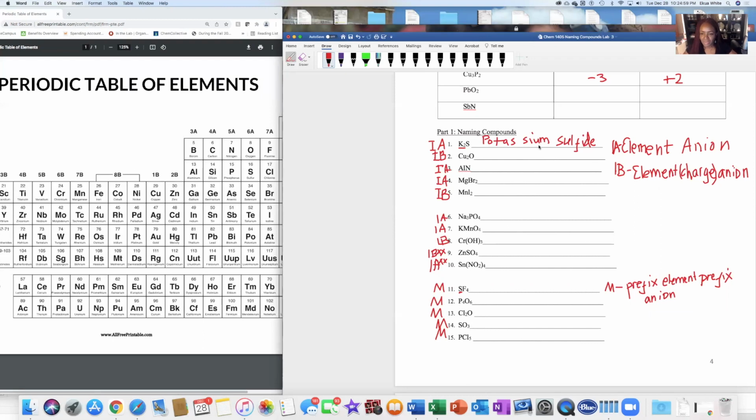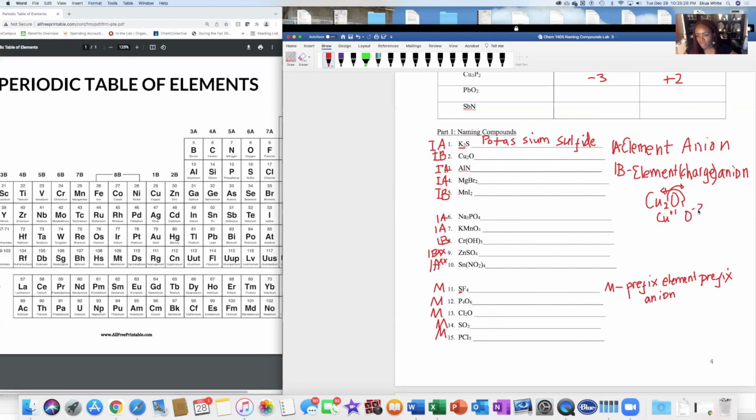Okay, potassium sulfide. And this next one here is 1B. Let me actually show you how to do that. We want to get the charge on the first element, which is the metal here. So we have to reverse, right? There is nothing here, so the 1 is implied. Reverse here. Bring this back up here. This is going to be Cu plus 1, right?